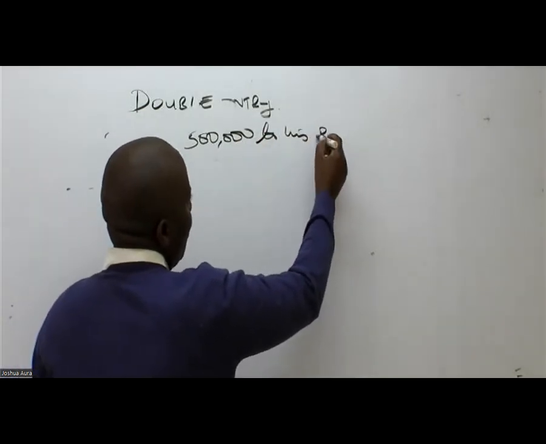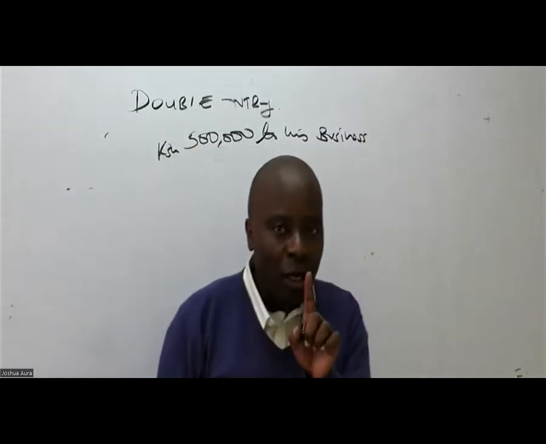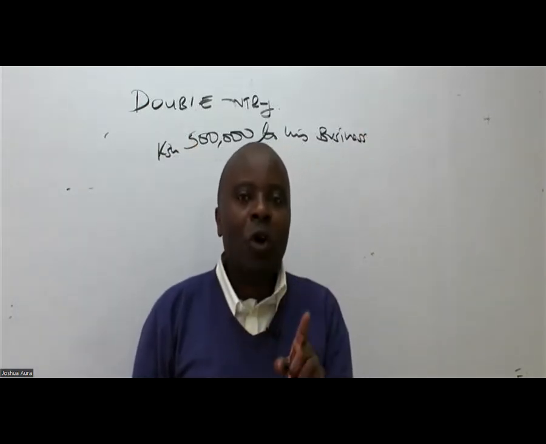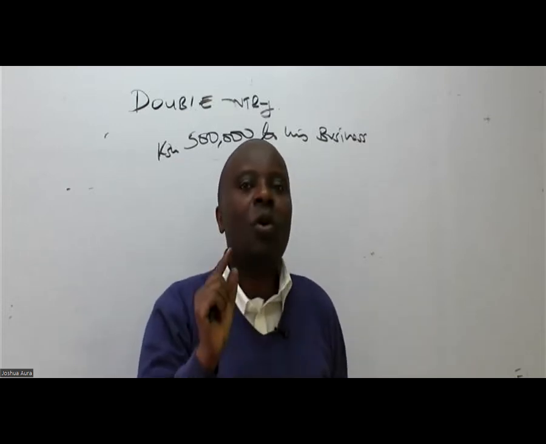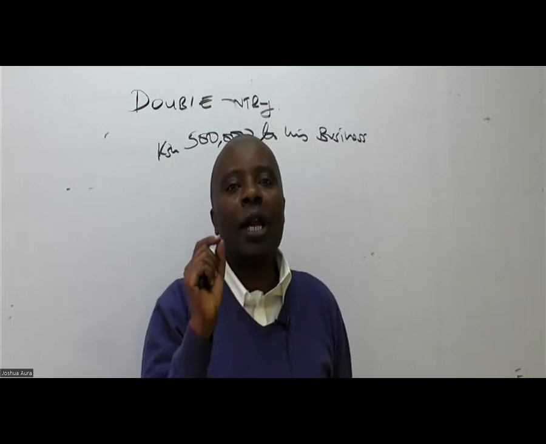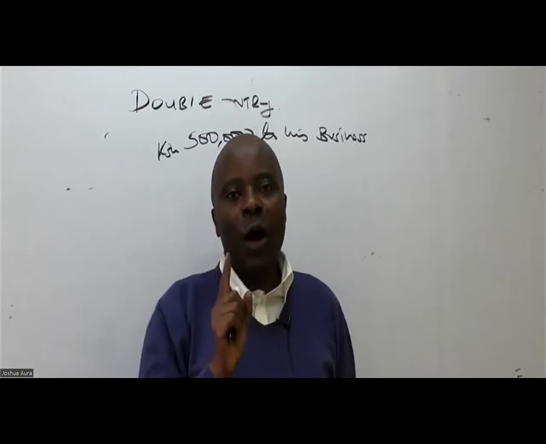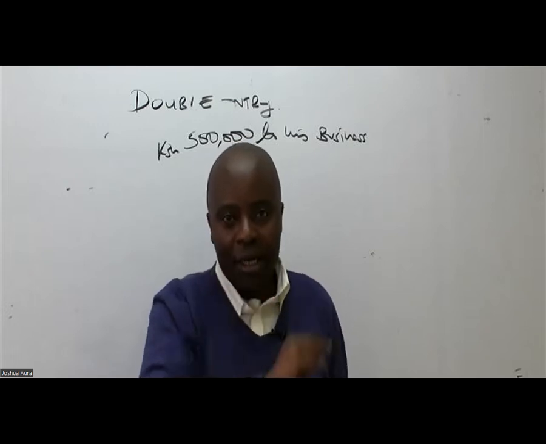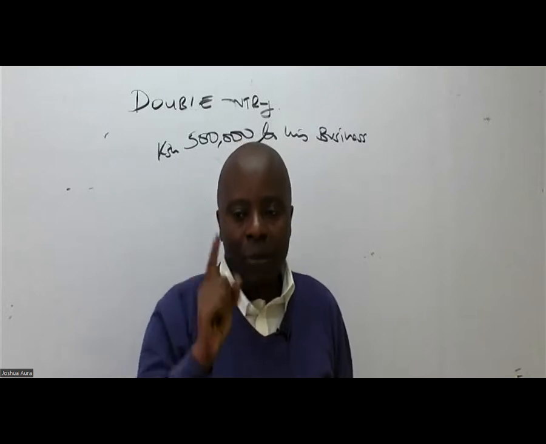Joshua Aura is the owner of the business. Whatever contribution he makes to his business is called capital. This is the first business transaction I would want us to attack and account for using double entry.